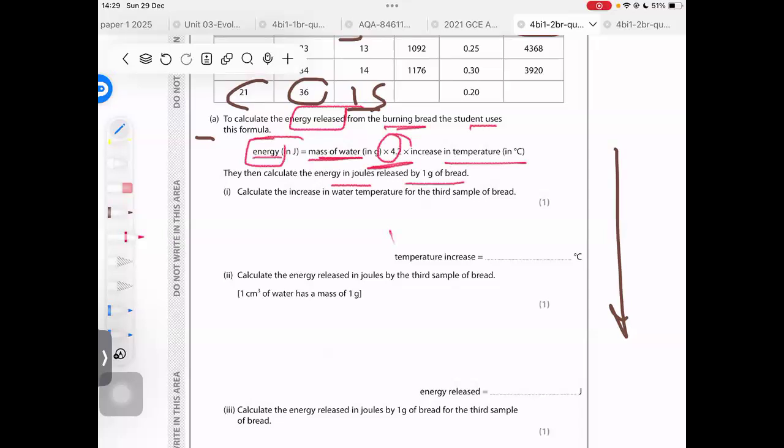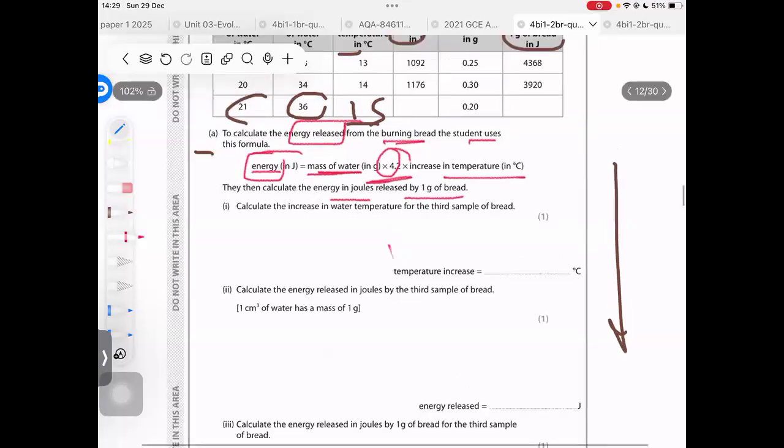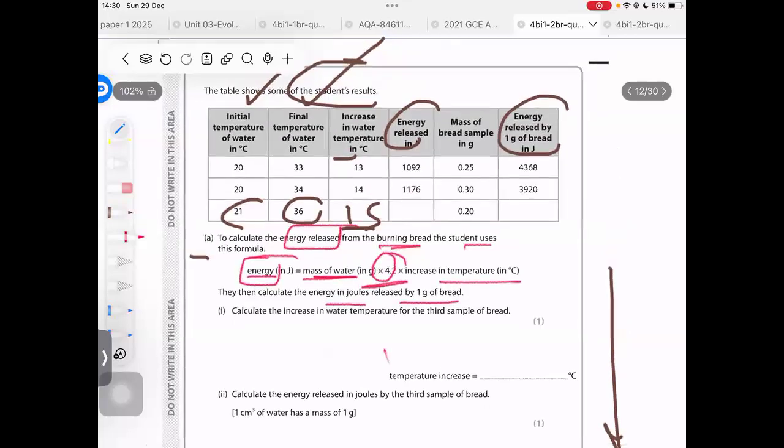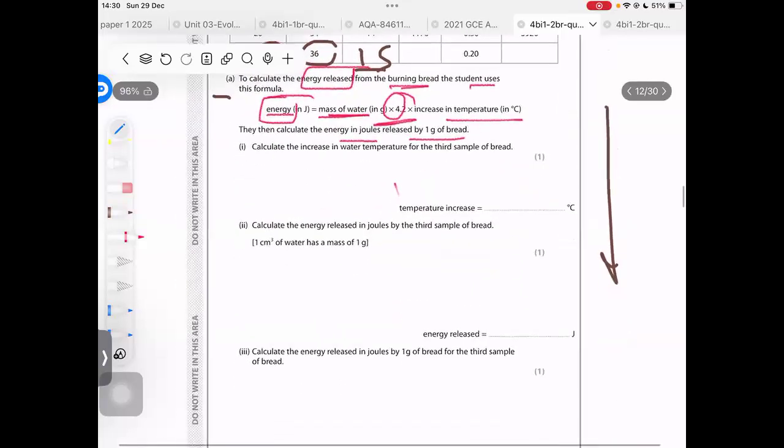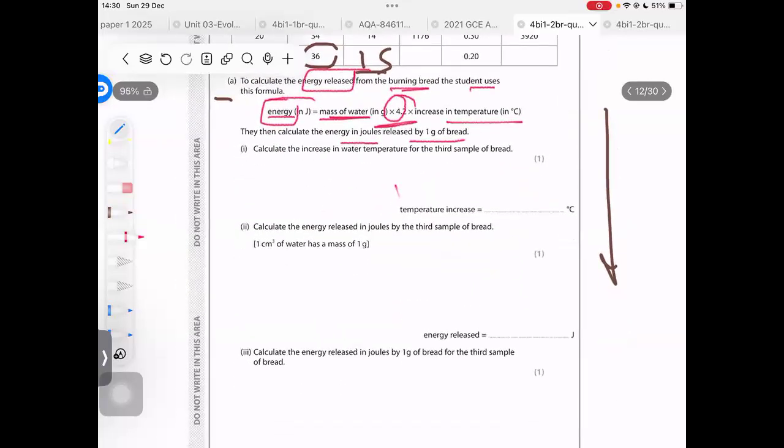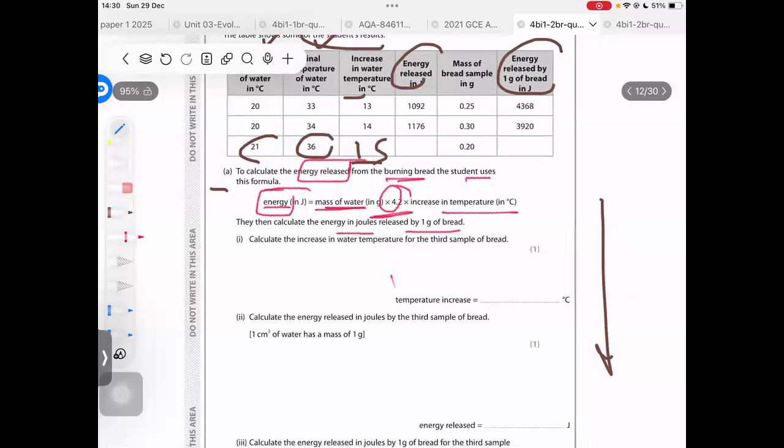So this is the formula which you use to calculate the energy released by that sample. Okay, energy released by the sample of bread that they have taken, right?